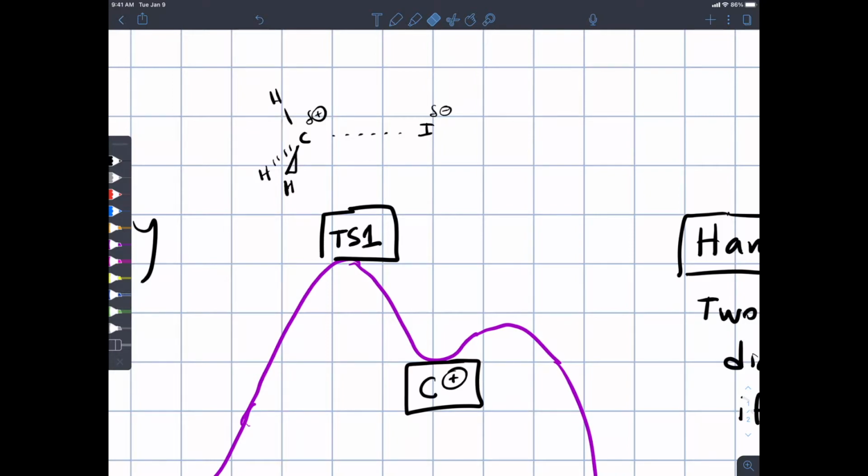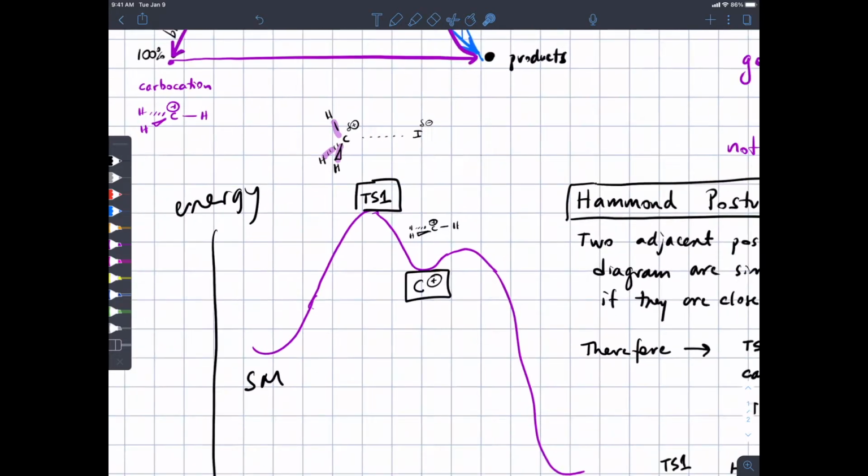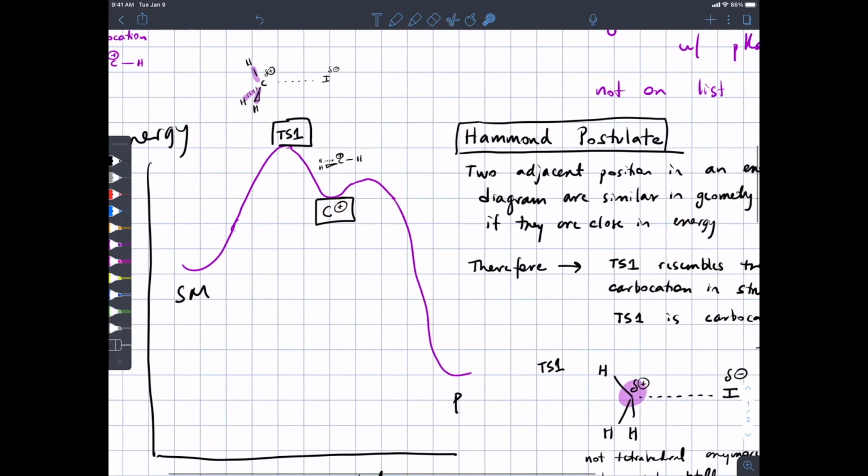The carbon-hydrogen bonds are closer to each other than they are in the planar carbocation, and there's electron-electron repulsion between those bonds. Okay.